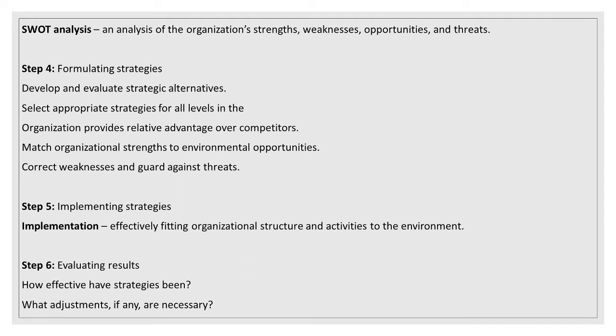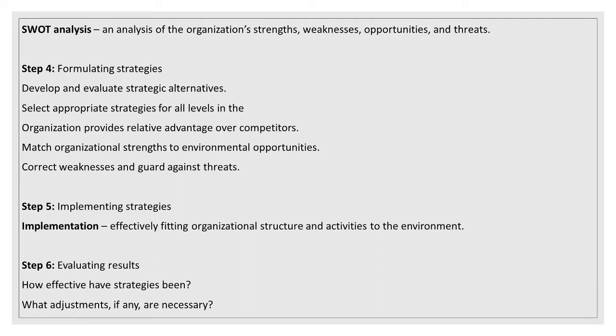Step 4, formulating strategies. This is where we develop and evaluate strategic alternatives. Select appropriate strategies for all in the organization. Provides relative advantage over competitors. Match organizational strengths to environmental opportunities.